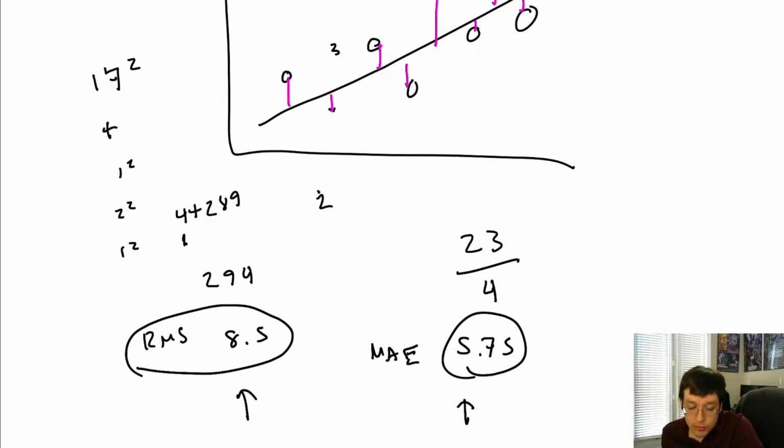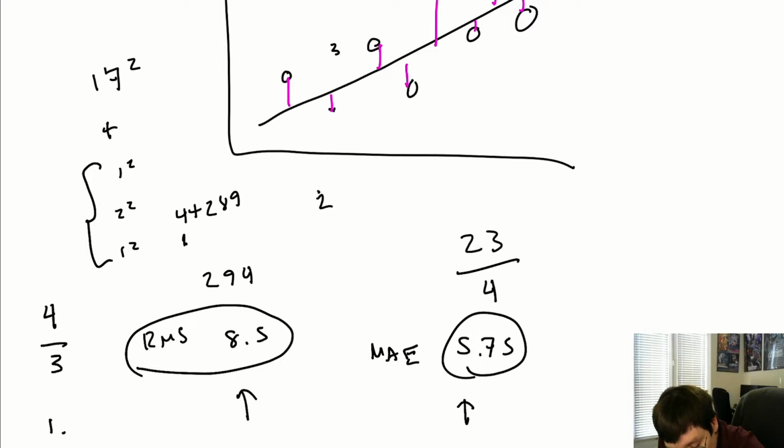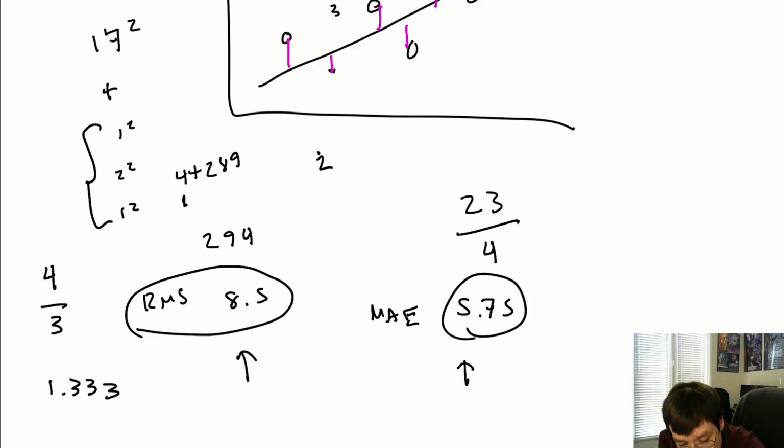Now, of course, let's do this version without an outlier. So let's just say that there are only the three points here. In this case, this would be 4 divided by 3, so we're looking at 1.33. And then take the square root of that, which is going to be 1 point something, like 1.